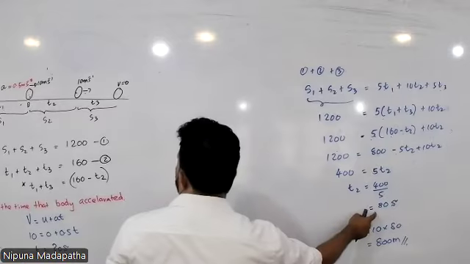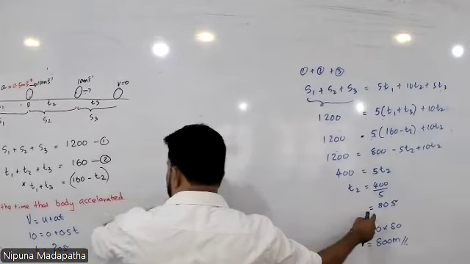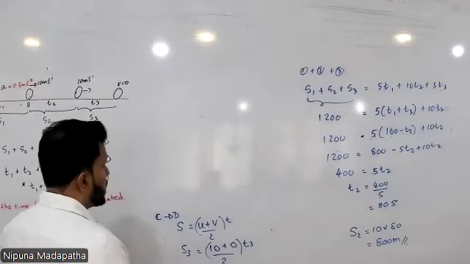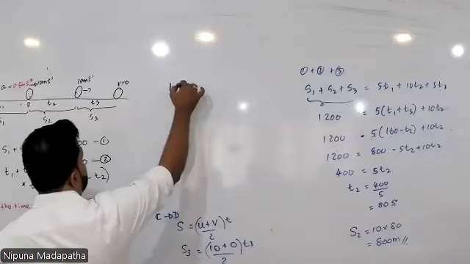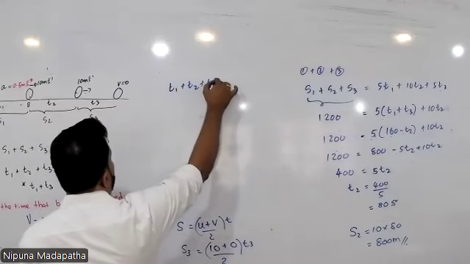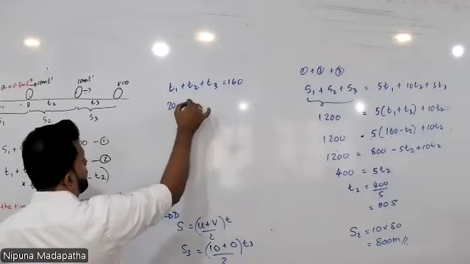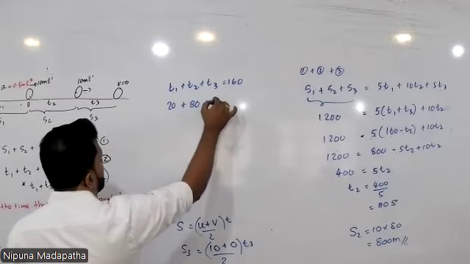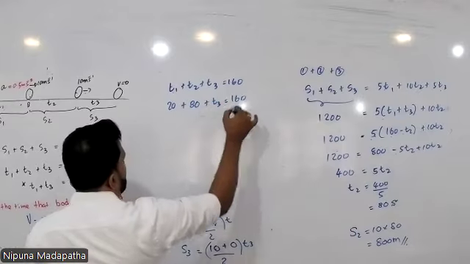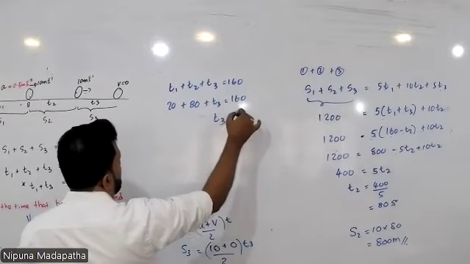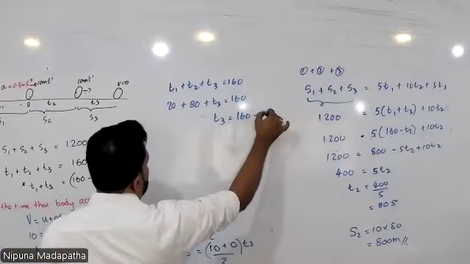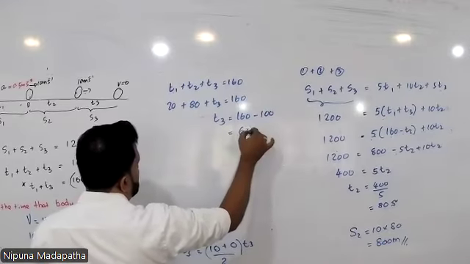And also the time that it has traveled with uniform velocity. Since the total time is 160, T1 is 20, T2 is 80. Find the value of T3. 160 minus 100, 60 seconds.